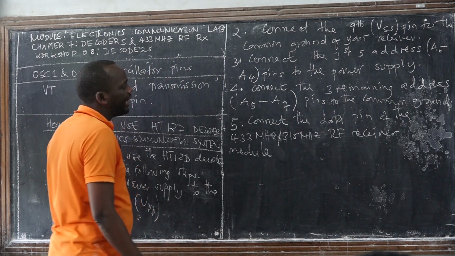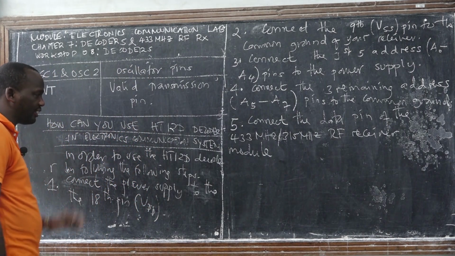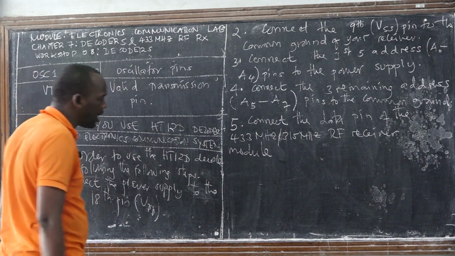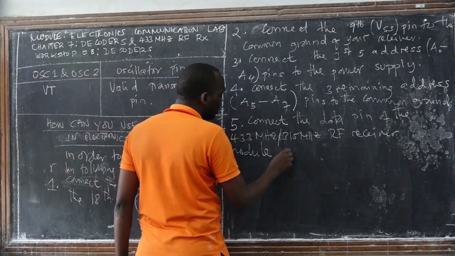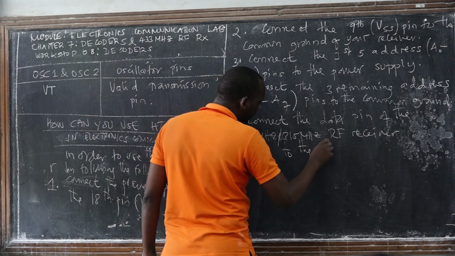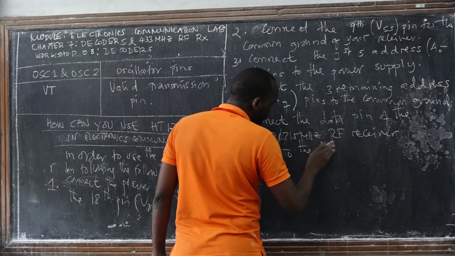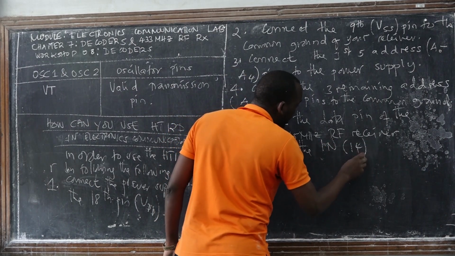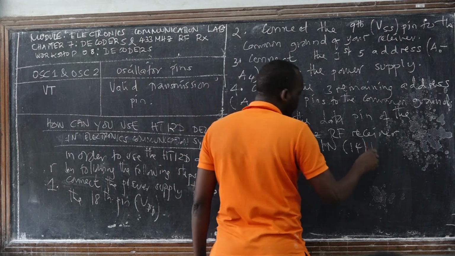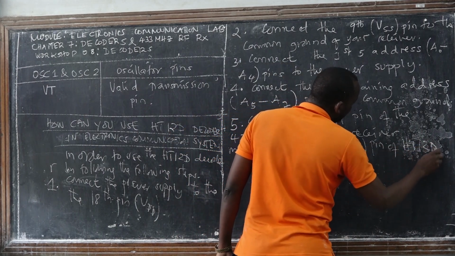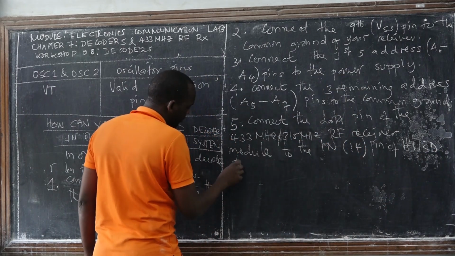So connect the data pin of the 433 megahertz or 315 megahertz RF receiver module to the in. Yes, the in, or equal to pin number what? 14, 14 OT pin of Ht12D decoder.